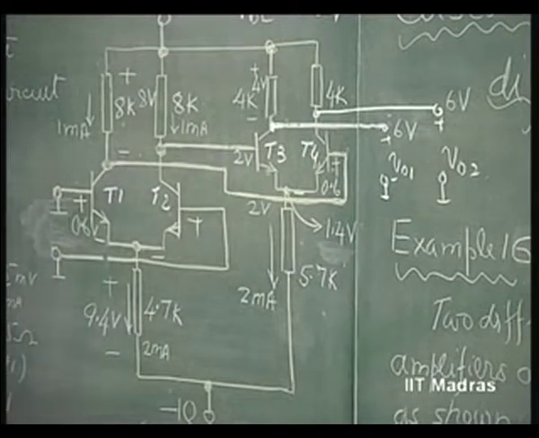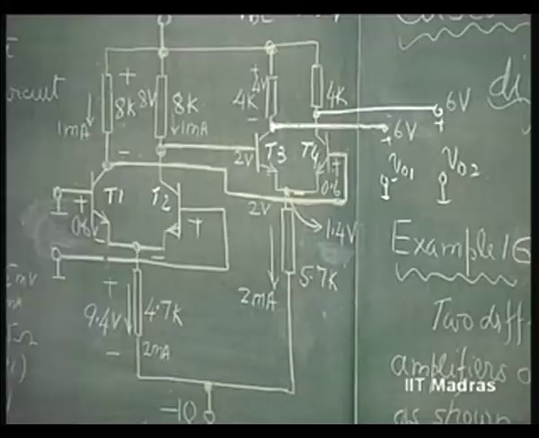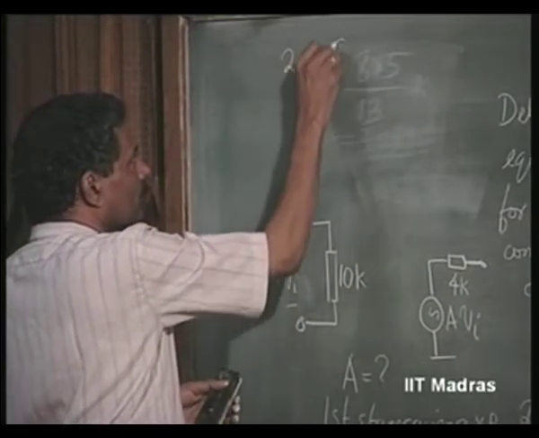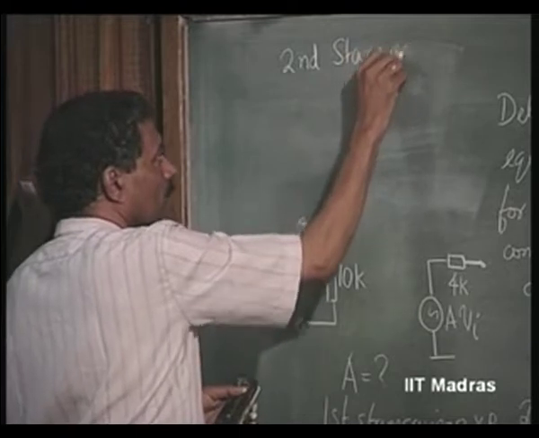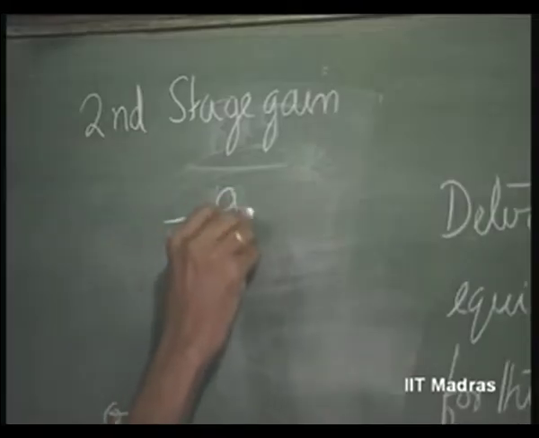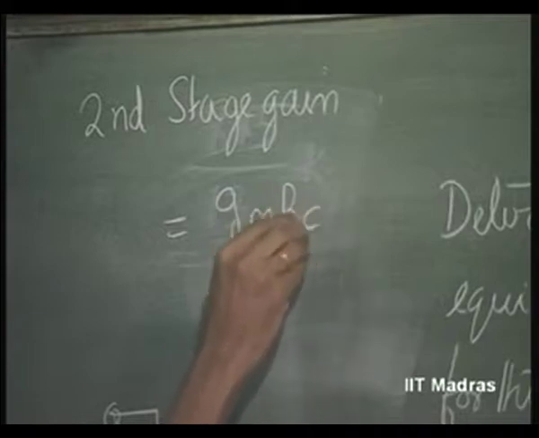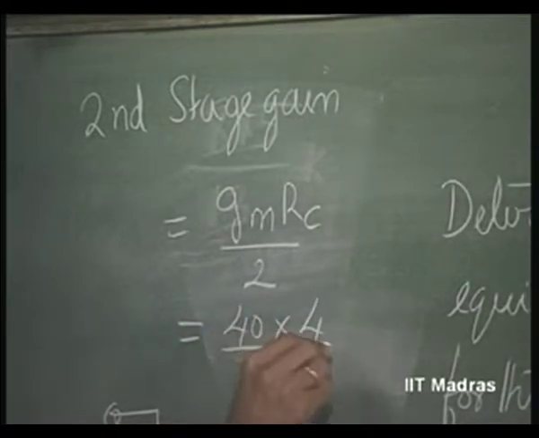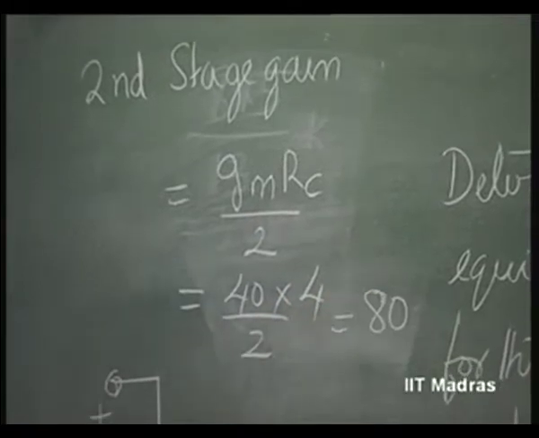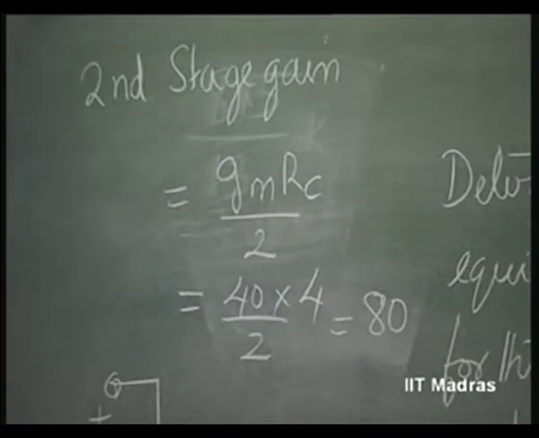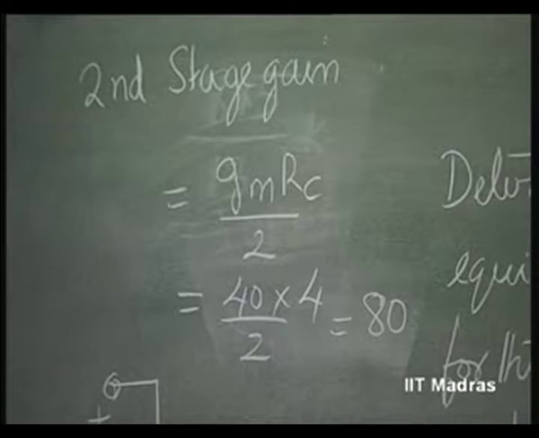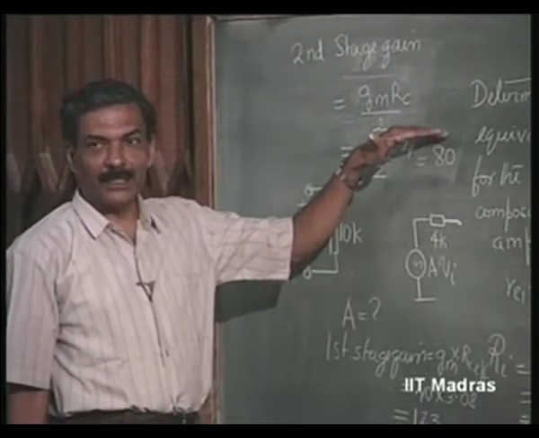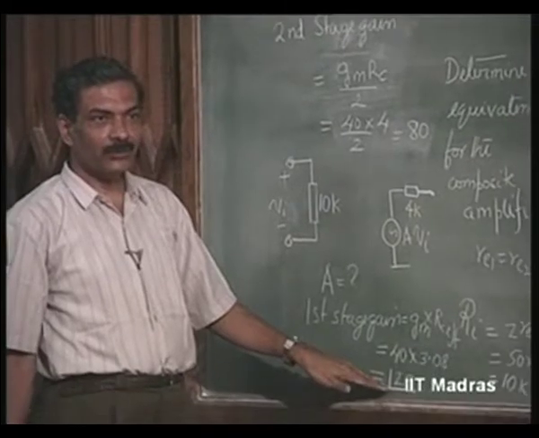So, second stage gain is equal to GM RC divided by 2. So, GM is 40 millisiemens and RC is 4K. So, this is 80. So, overall gain therefore, A is equal to simply 80 into 123.